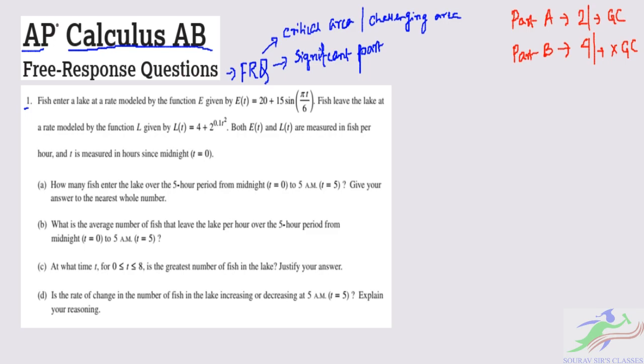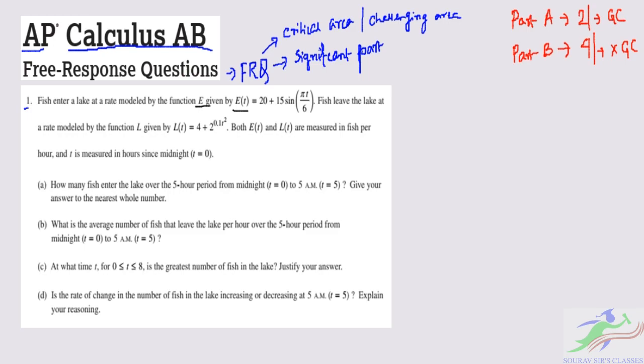So let's start. Question number 1 says: let fish enter a lake at a rate modeled by the function E given by E(t) = 20 + 15 sin(πt/6).